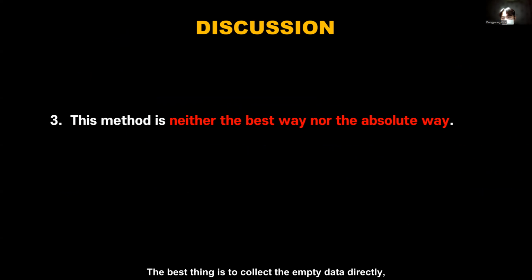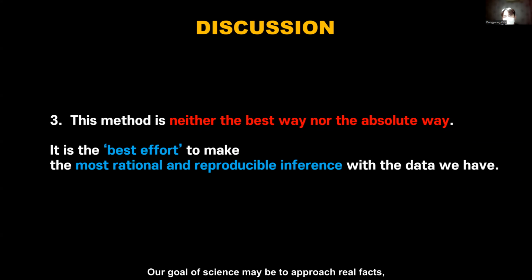The best thing is to collect the empty data directly, but in reality, there are a lot of limitations. In that case, you must think about how to infer in a more rational and reproducible way. Our goal in science may be to approach the real fact, but I also think it's very meaningful to infer the fact in the most reasonable way within the technology we have now.